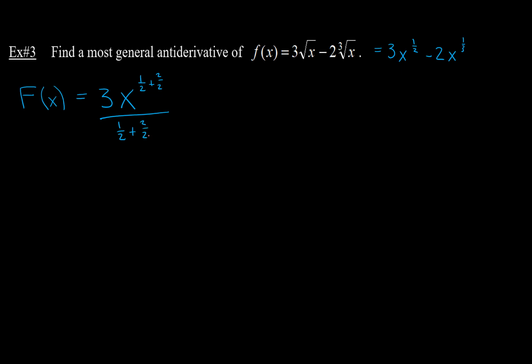And that way the arithmetic isn't so interesting. Next term, negative 2 is going to go along for the ride. And then I have x to the 1/3, and I'm going to add 1 to it. But remember 1, if I'm dealing with 1/3, is going to be 3 over 3. And then I am dividing this by 1/3 plus 3 over 3.